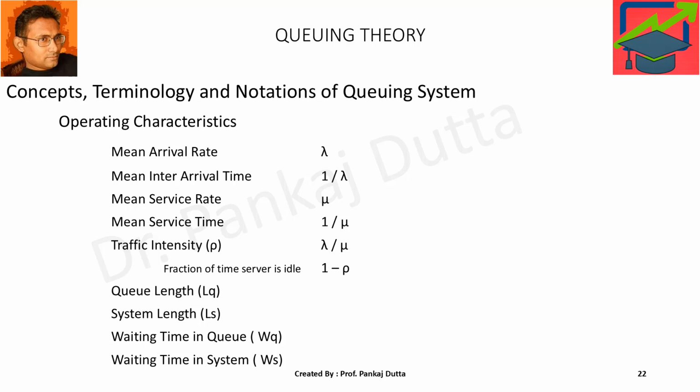Waiting time in queue refers to the average time the customers have to wait in the queue before the service starts, while waiting time in the system refers to the average total time the customer spent in the system, first in the queue and then in the server getting the service. That is, waiting time in the system is the time spent in the queue plus the time spent getting the service.